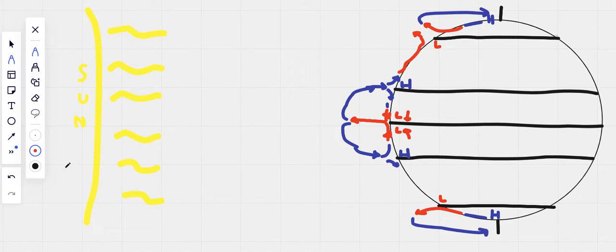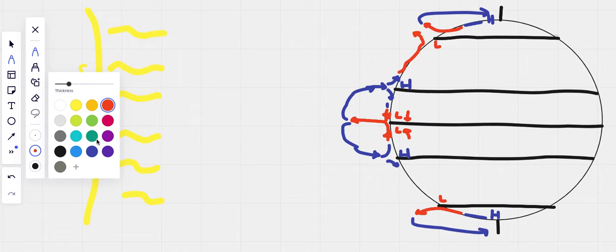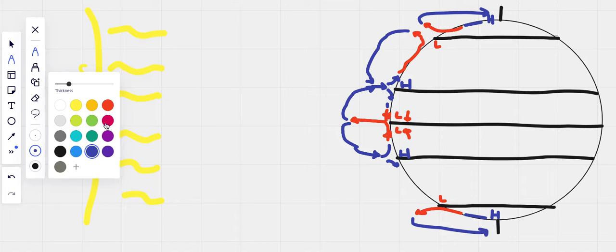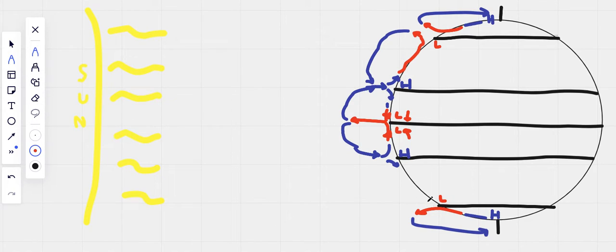Again, it's going to hit our tropopause, which is going to cause this to splatter and then move back this way. Same thing happens in the south, where the air will try to move from the high to the low, but as it does it, it's going to heat up.